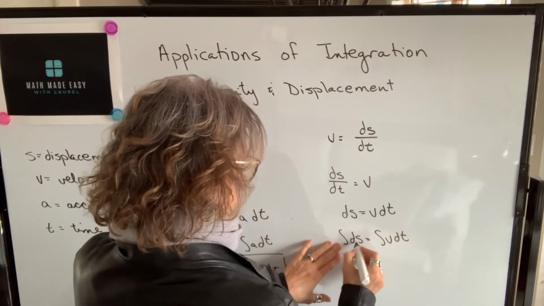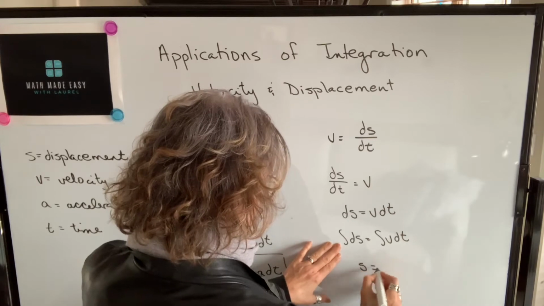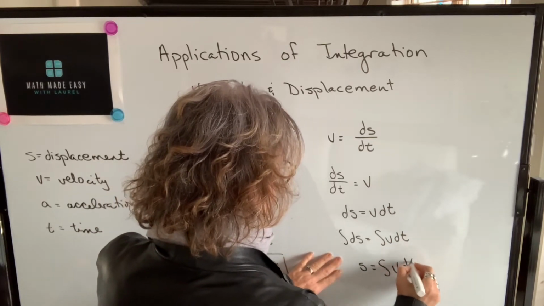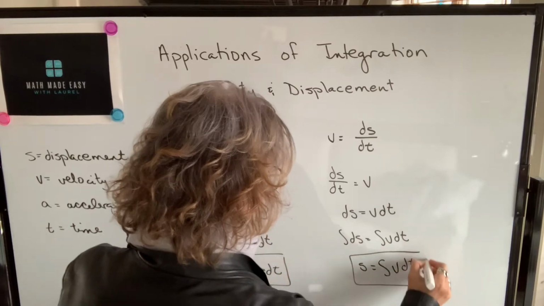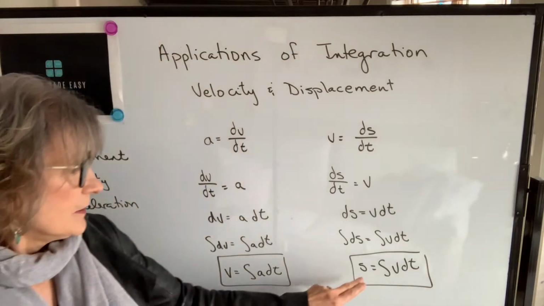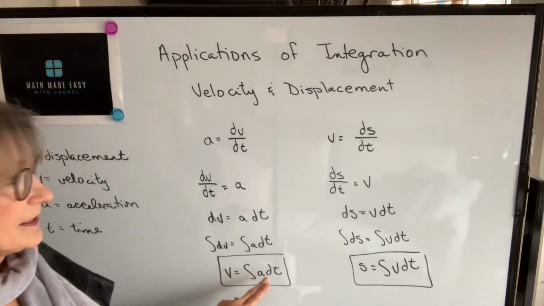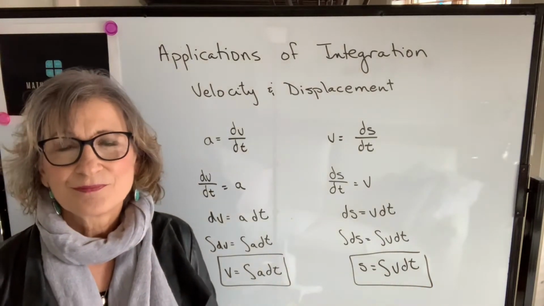The integral of a differential is simply S will be the integral of v dt. So the displacement is the integral of the velocity. Velocity is the integral of acceleration.